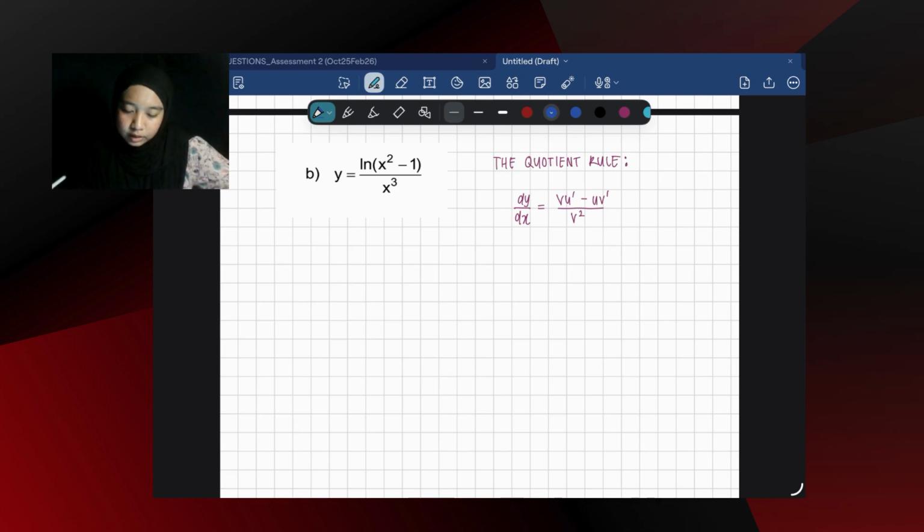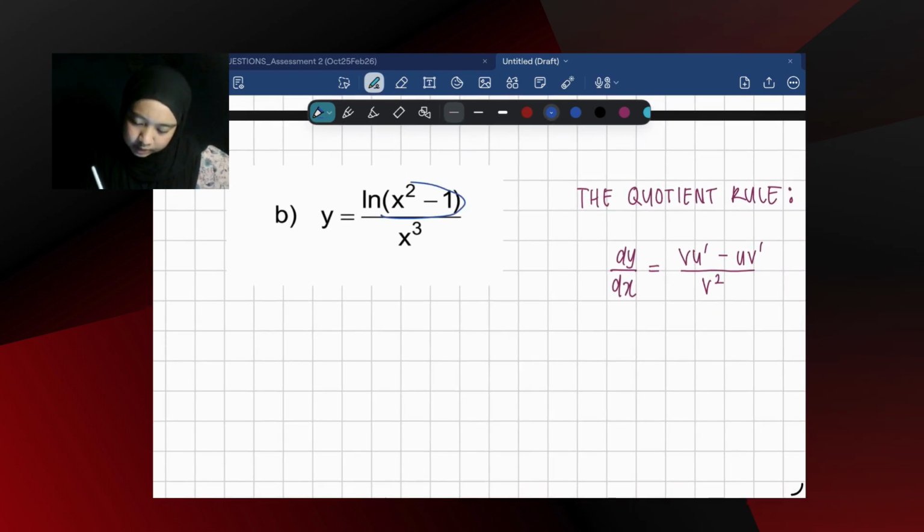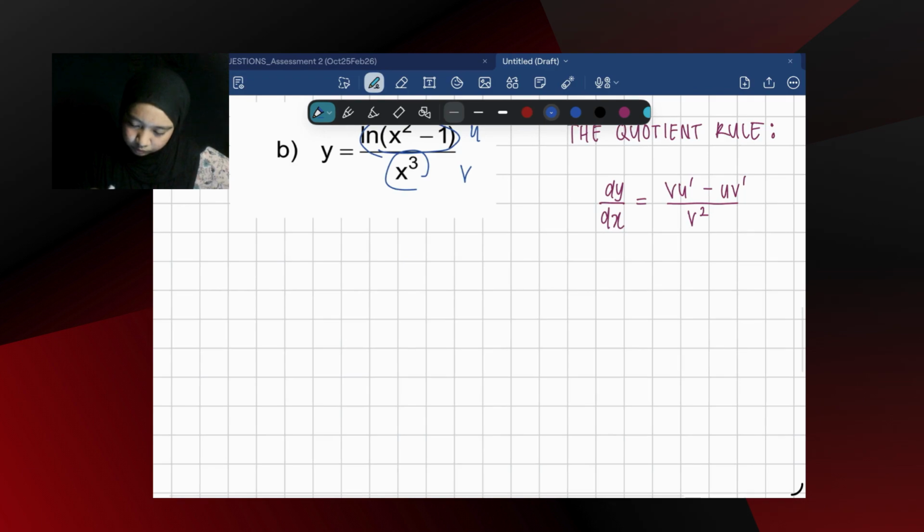So first step, we need to identify u and v. The numerator is our u and the denominator is our v. So our u is ln of x squared minus 1. Our v is x to the power of 3. So we need to find u prime and v prime.